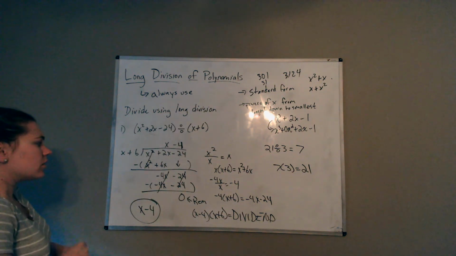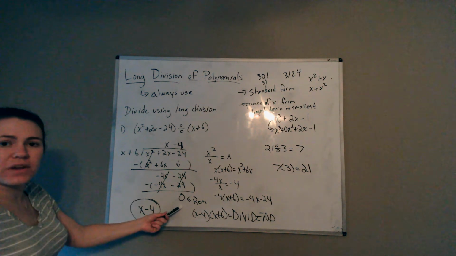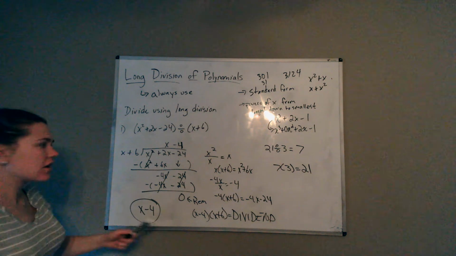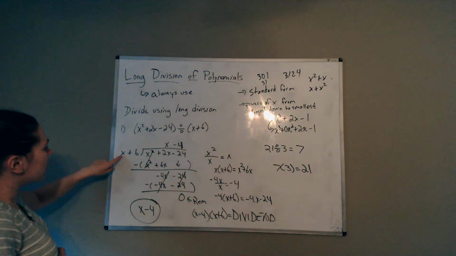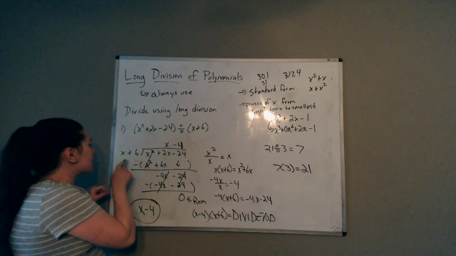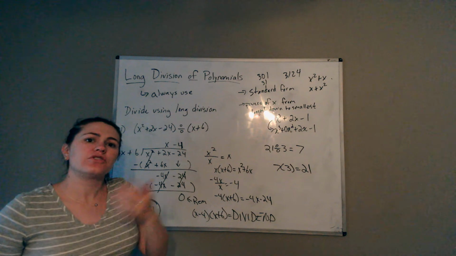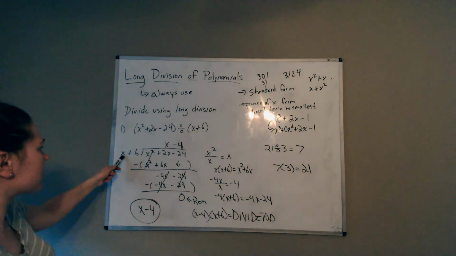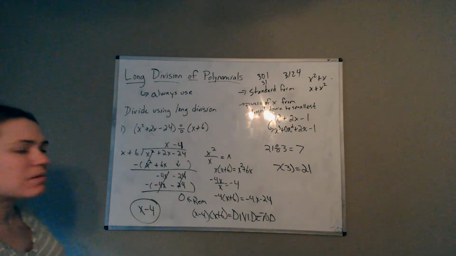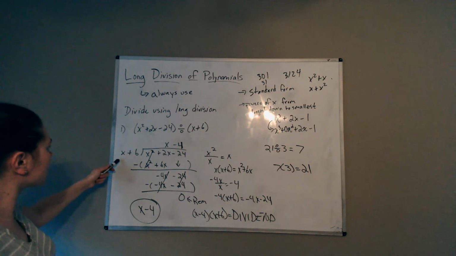So let me go over how do you know when you stop doing division and what's your remainder. So you want to know how many times does x go into whatever the leading term is. X can't go into anything that would be a lesser degree. So this leading term always has to be a larger or equal degree.